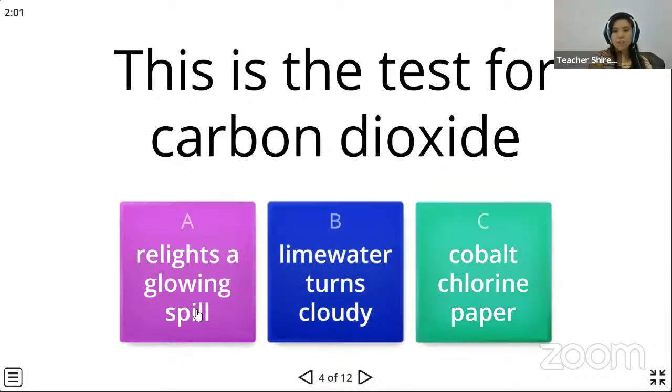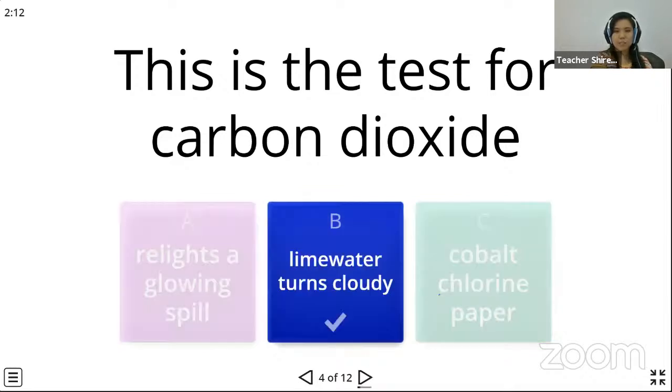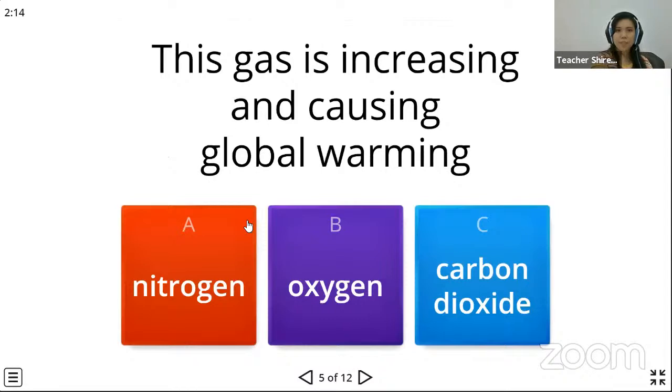How do you know this carbon dioxide? Actually, I didn't teach you this, but yes, lime water turns cloudy. This one I did not teach. This is actually year 5. The gas increase and cause global warming. What gas? Which is the one that causes heat in the earlier exercise we did.